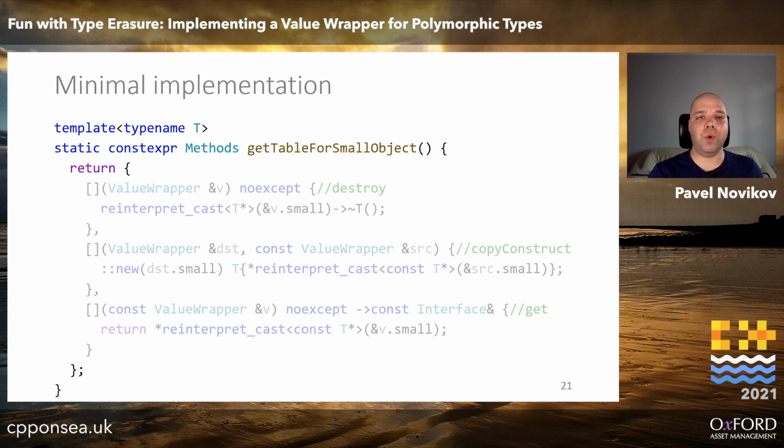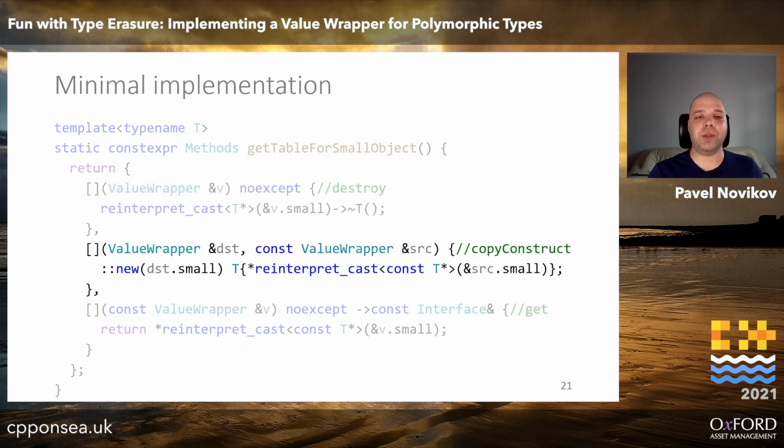For the function which returns function tables for small objects, depending on the type, we have the function for destroy, which is initialized with this lambda, which basically reinterpret casts the pointer to the small buffer and calls the destructor.